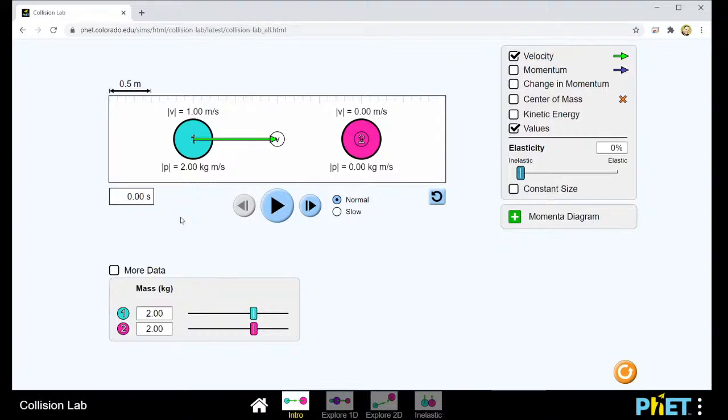Okay, so here's what I want you to do. Calculate what the total momentum of the system is before they collide here. Okay, you got two objects, the green, blue, whatever it is, object, and the pink, 1 and 2. What's the total momentum? You figure out what each object's momentum is and add it together.